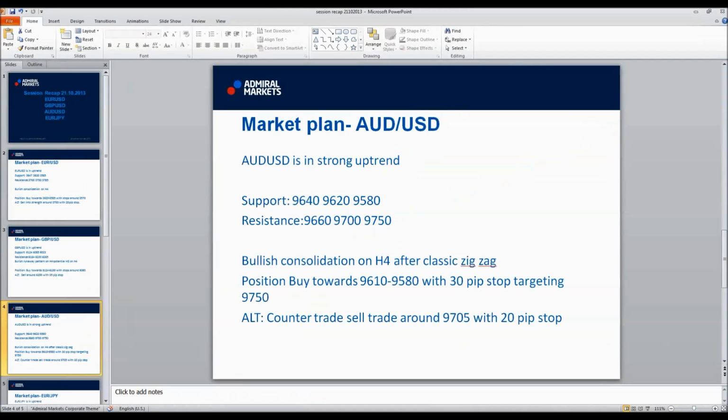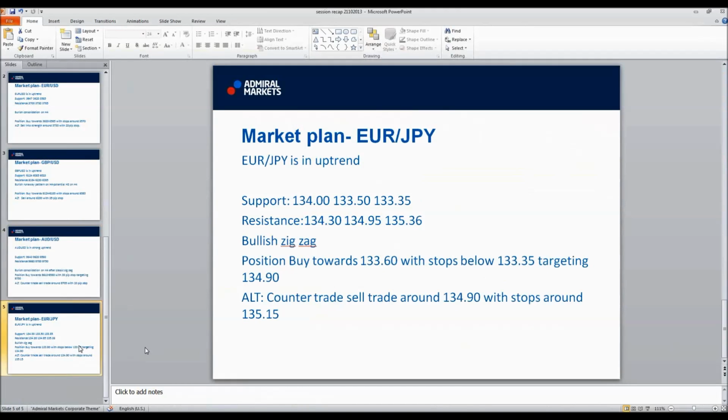And finally, we have Euro Japanese yen. We also have uptrend and we have supports. Mark these supports on your charts.